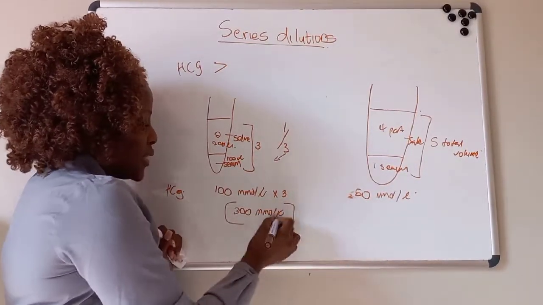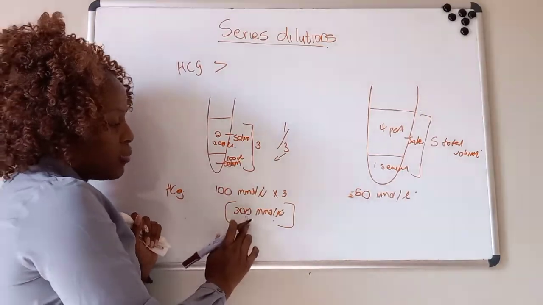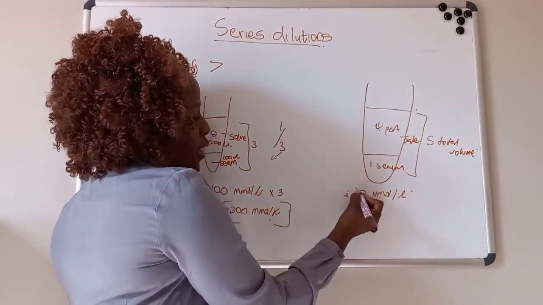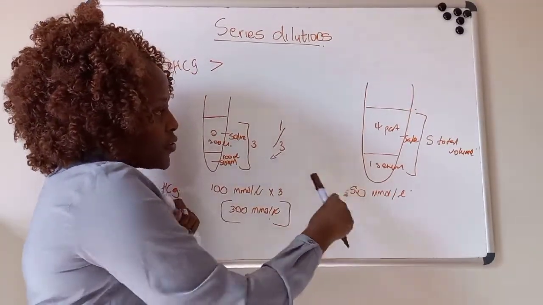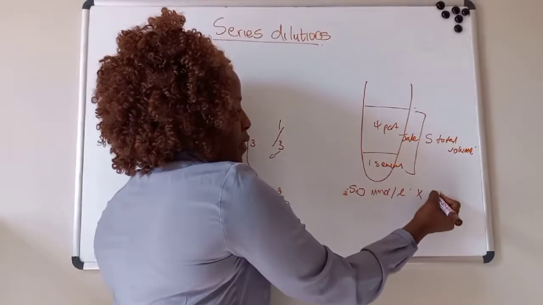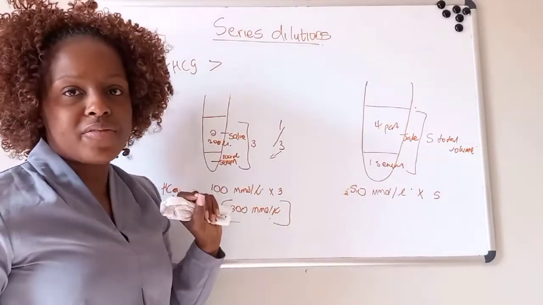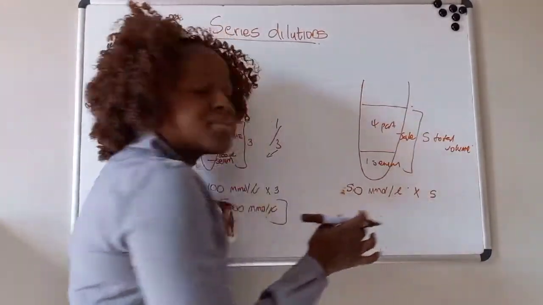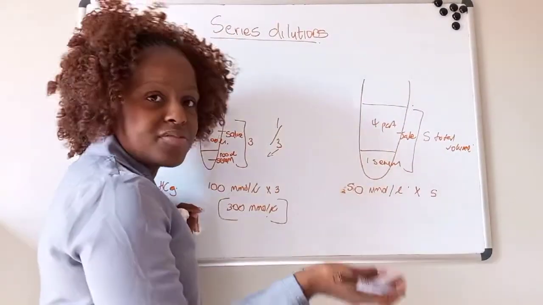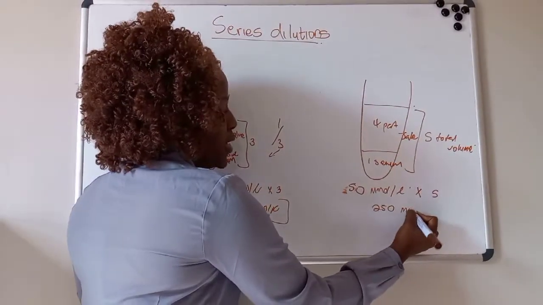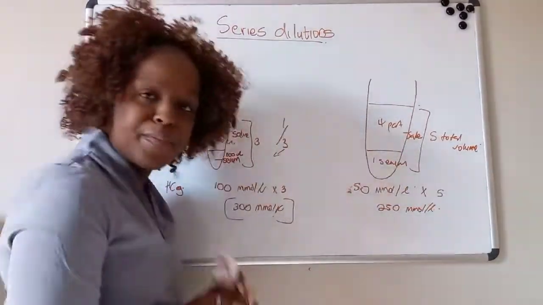So what it means is that this is the concentration in the patient's serum, right? And then from the 50, you're going to multiply it by 5. So when you multiply 50 times 5, it's 250. So you get 250 millimoles per liter.